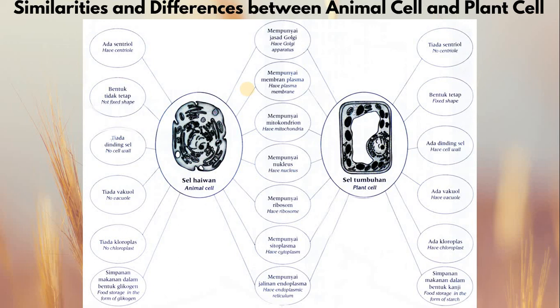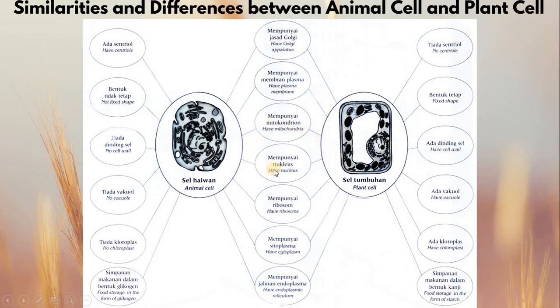If in the essay form you have to write the similarities and differences between animal cell and plant cell, you can write each as a point. For example, both cells have Golgi apparatus. The second similarity, both cells have plasma membrane. The third, both cells have mitochondria.